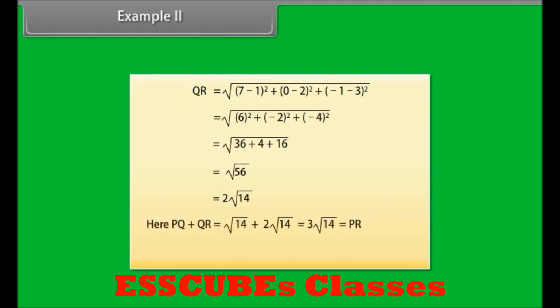Here, PQ + QR = square root 14 + 2 into square root 14 = 3 into square root 14 = PR. Hence, points (-2, 3, 5), (1, 2, 3) and (7, 0, -1) are collinear.